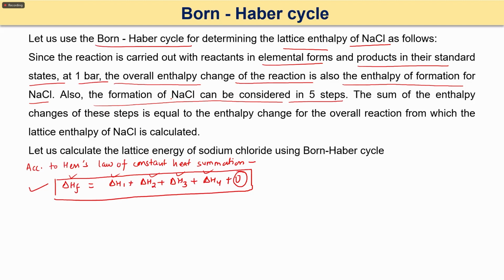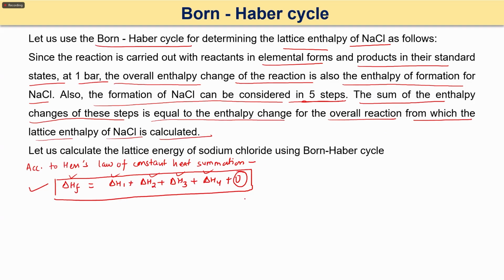So also the formation of sodium chloride can be considered in 5 steps. That is, the sum of the enthalpy changes of these steps will be equal to the enthalpy change for the overall reaction. That is your enthalpy of formation, from which the lattice enthalpy of sodium chloride can be calculated. Okay.